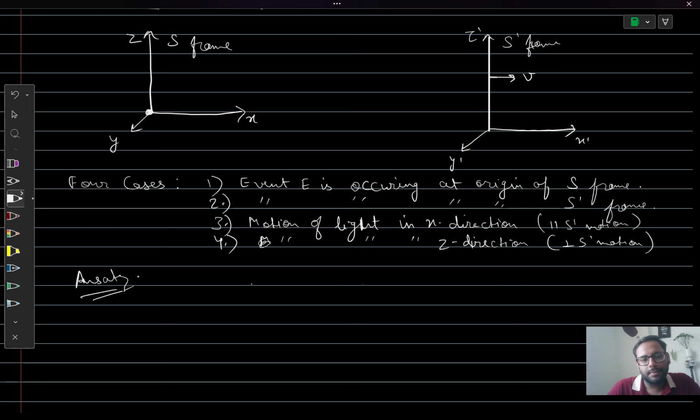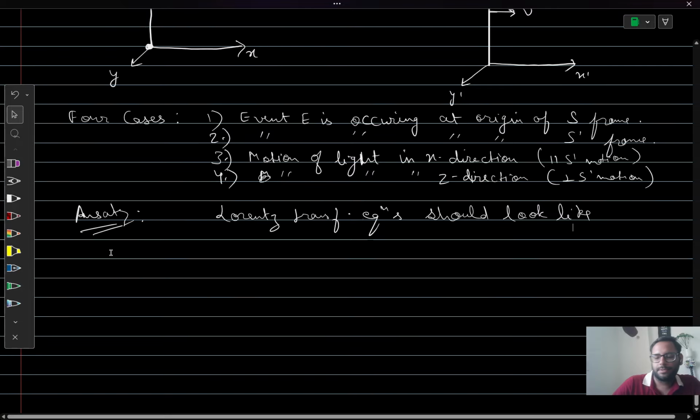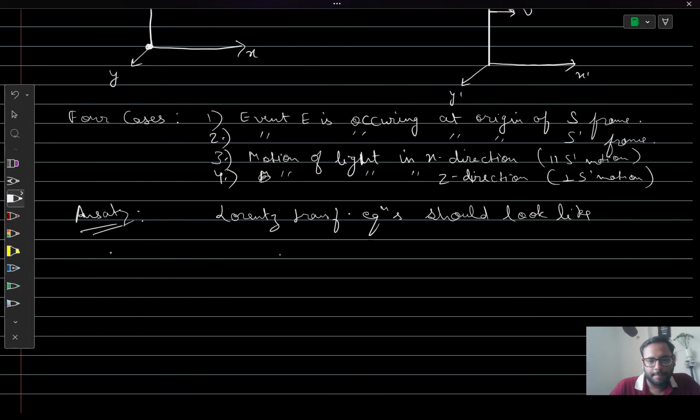Let's take some ansatz that the Lorentz transformation equations should look like t prime equals A t plus B x, x prime equals D t plus F x.